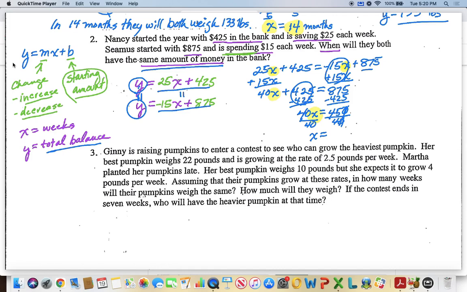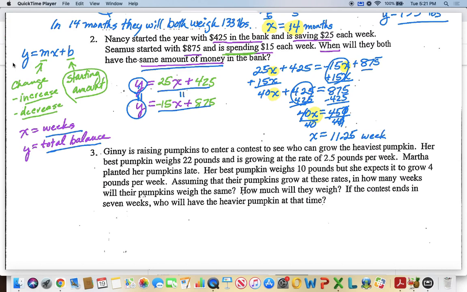And then we've got 45 divided by 4. So that goes in once, twice, and we have 1/4 left, or 0.25. So since x is equal to weeks, it will be 11.25 weeks until they have the same amount of money.